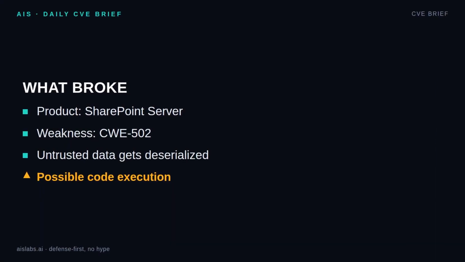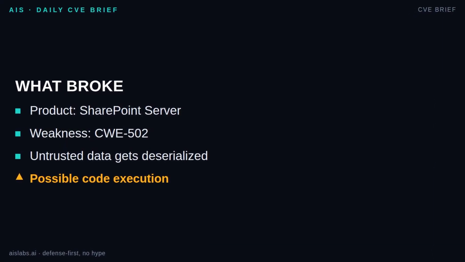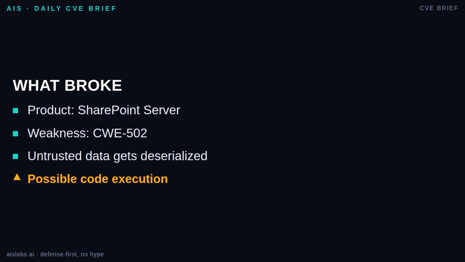Let's translate the vulnerability. The affected product is Microsoft SharePoint Server, and the weakness category is CWE-502, deserialization of untrusted data. Serialization is a normal software process where structured information is packaged so an application can store it or move it around. Deserialization is the reverse.